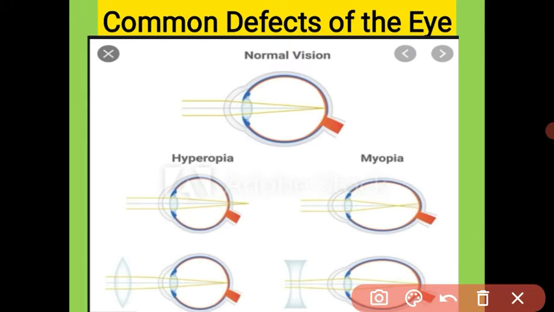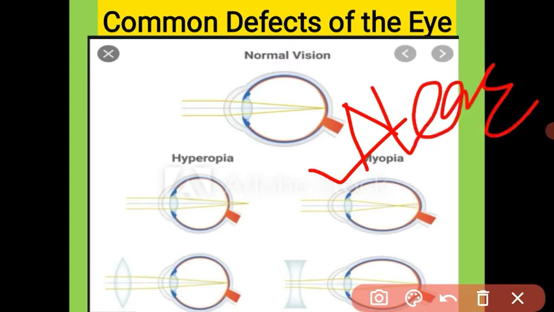First of all, we will see myopia and hyperopia. Hyperopia is also called hypermetropia. First, we will see myopia. Myopia is also called nearsightedness, otherwise shortsightedness. Nearsightedness means the person is able to see the near object clearly, but cannot see the distant object clearly.